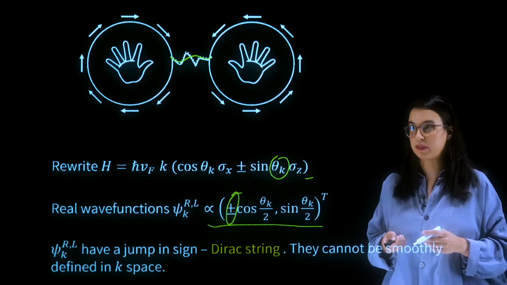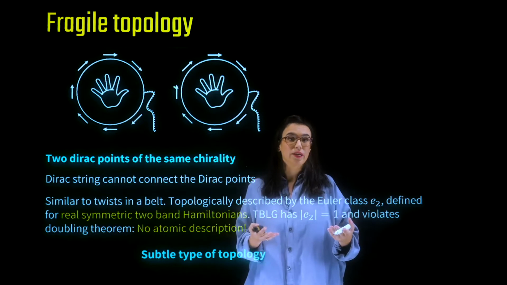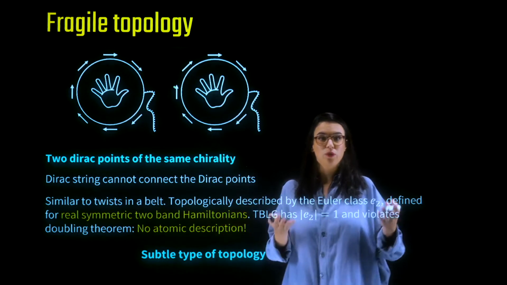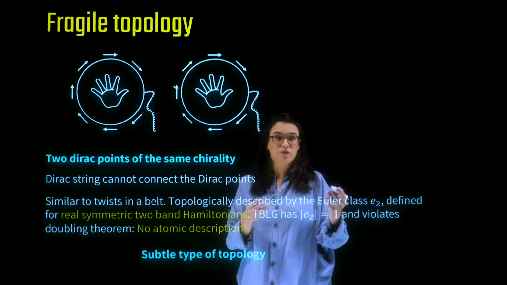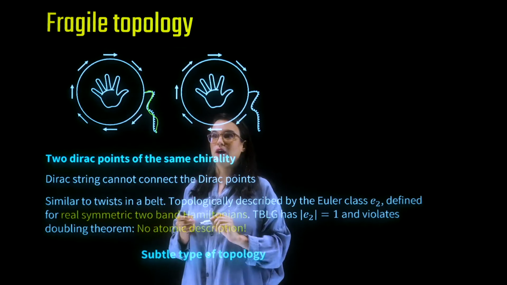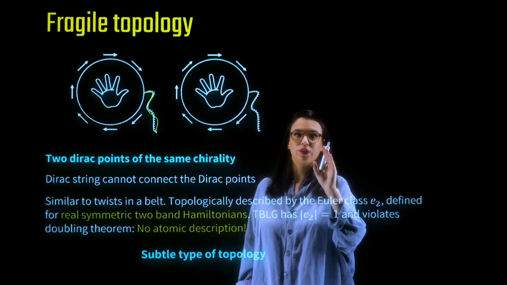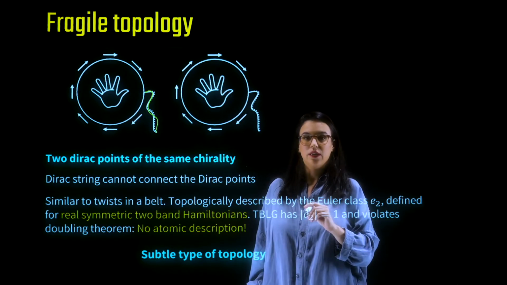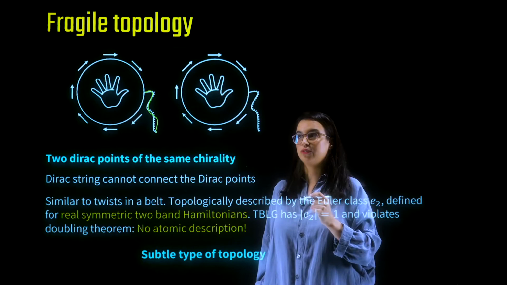So now imagine that we are in twisted bilayer graphene where the two Dirac points of our system have the same chirality. Each of them will always also have a Dirac string coming out of them, but we have marked here in this string with a solid and a dashed stroke the actual winding of the Dirac point.